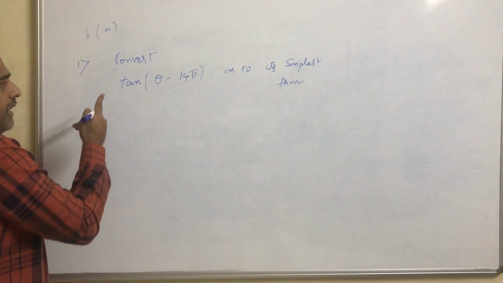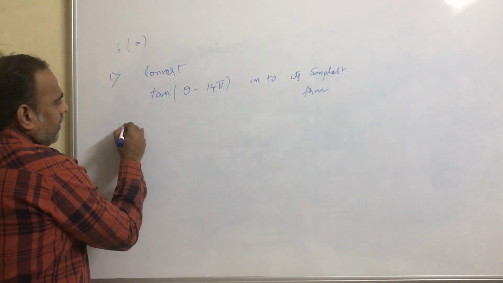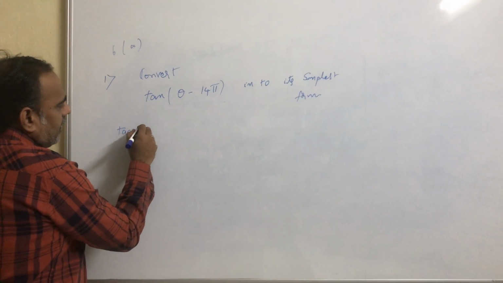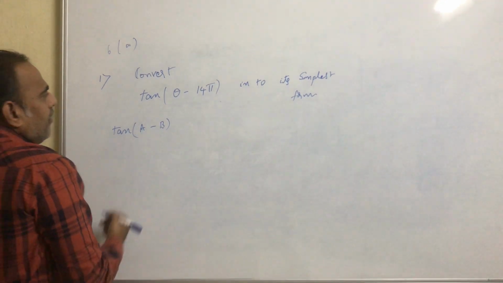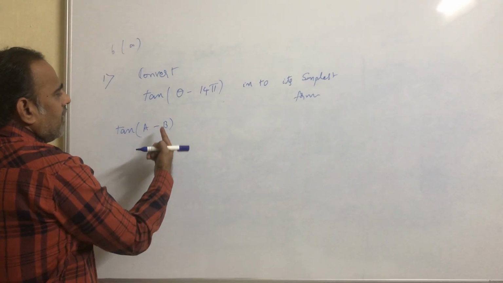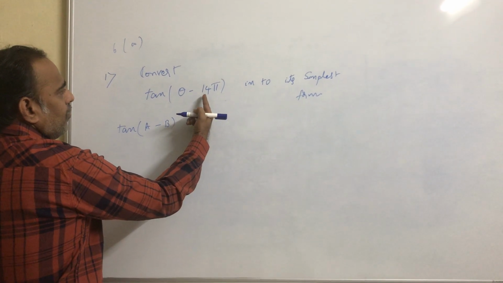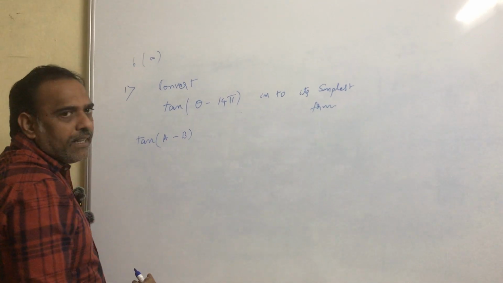By looking at this equation, this is in the form of tan a minus b, right? If we assume that a equal to theta and b equal to 14 pi, the given equation is in the form of a minus b.